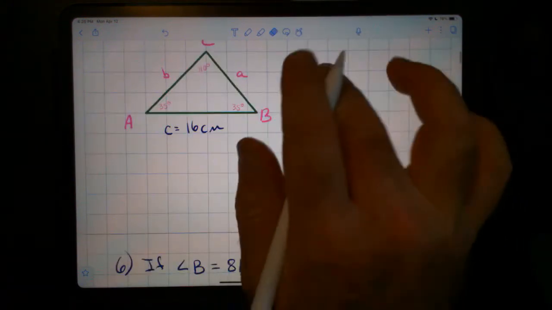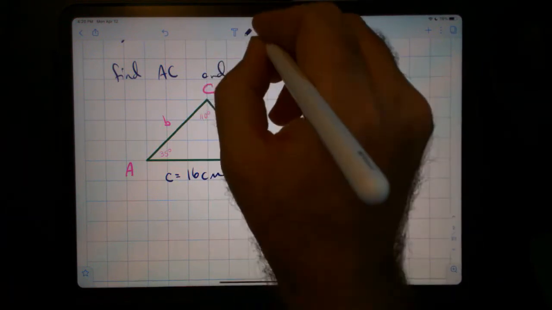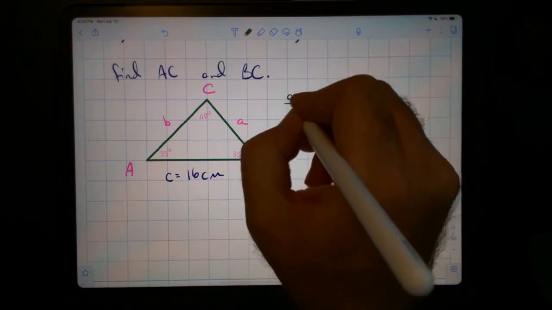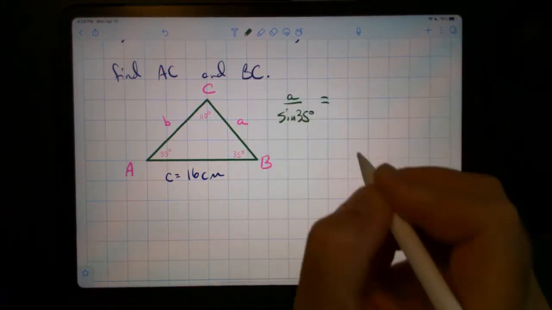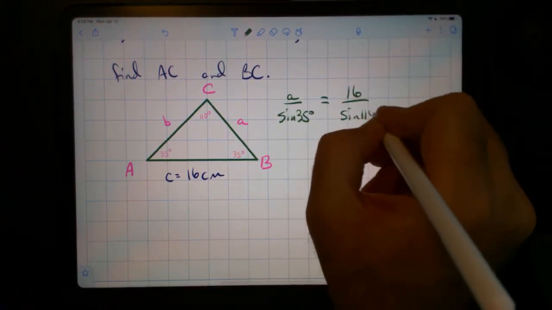So we have a over sine A is equal to 16 over sine of 110 degrees.